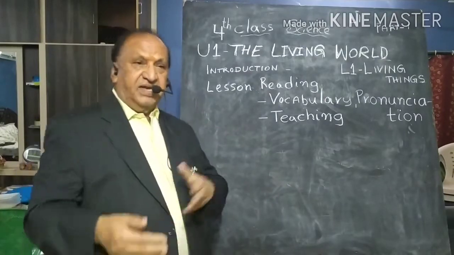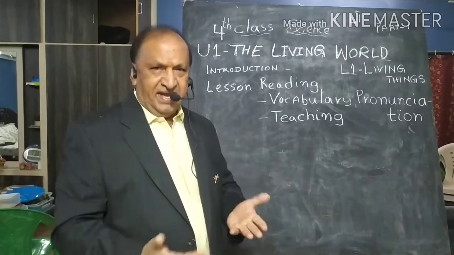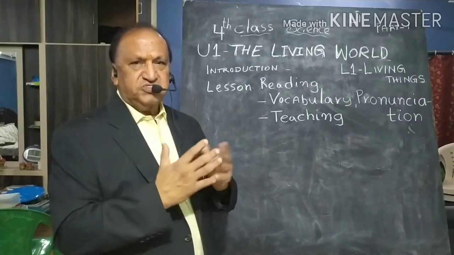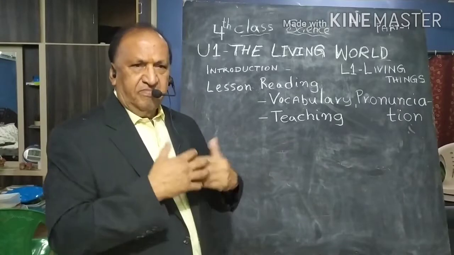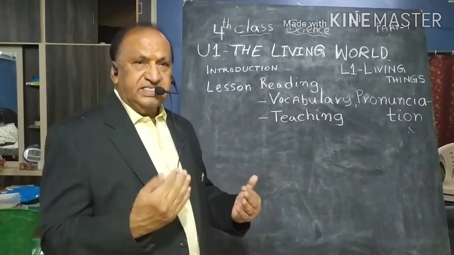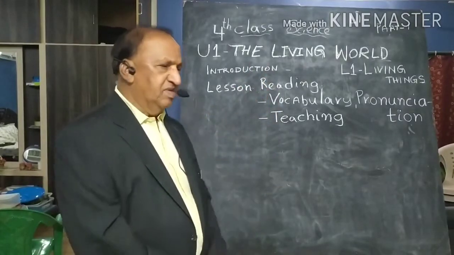Whereas there are other kinds of non-living things which are man-made, which we normally make. For example, a chair, a table, a pen, a pencil, and the microphone that I am using here are non-living, man-made things.